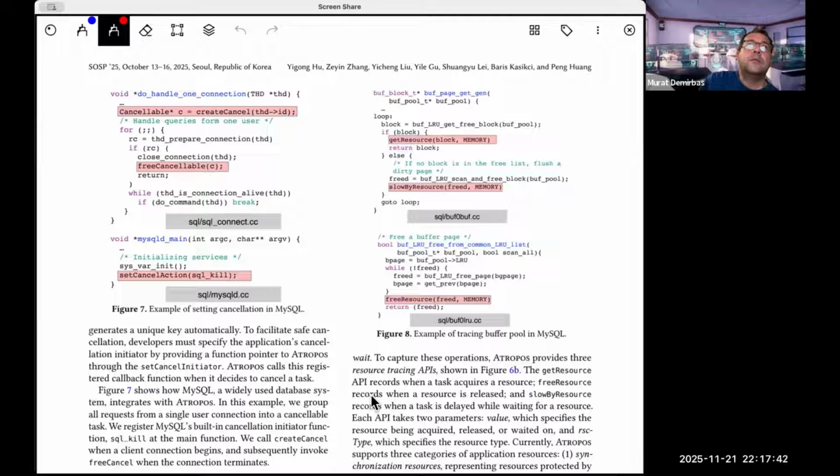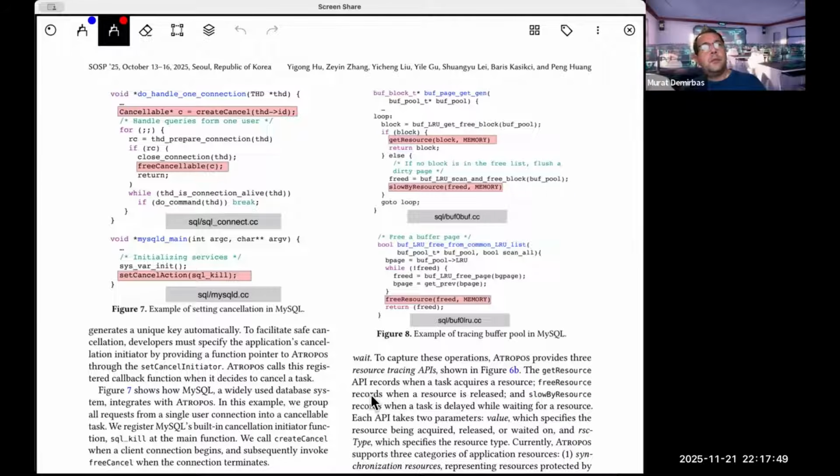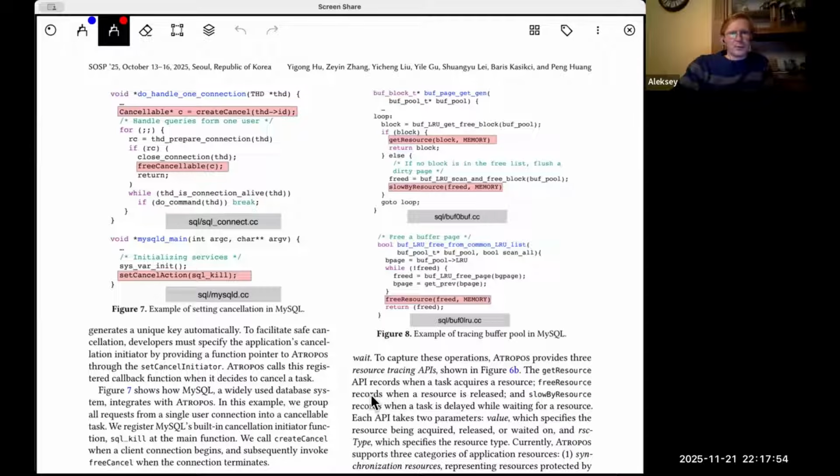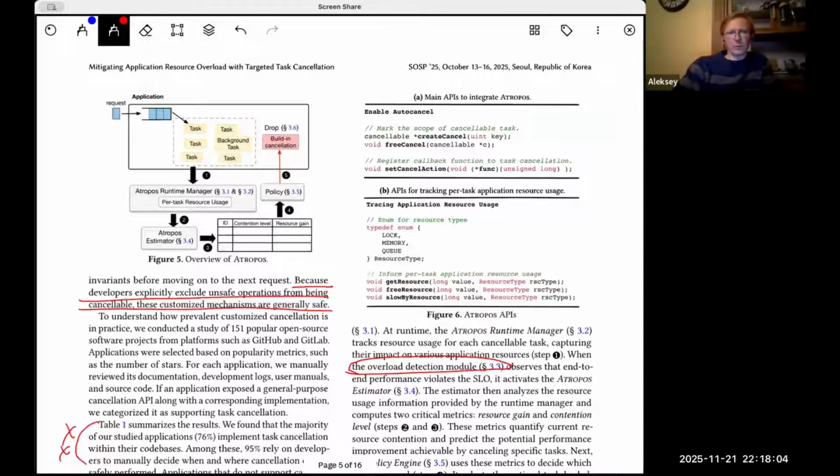6 point something was the API, right? Oh, that's a listing, right? Figure 6. Okay. What are these APIs? Main APIs: create cancelable, free cancel, set cancel action. Oh, you want to go to figure six? Yeah, I'm trying to understand what they do.